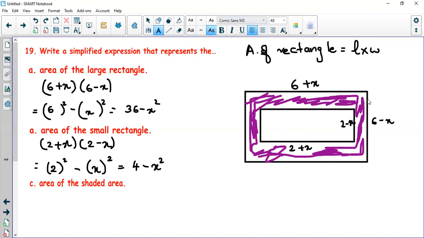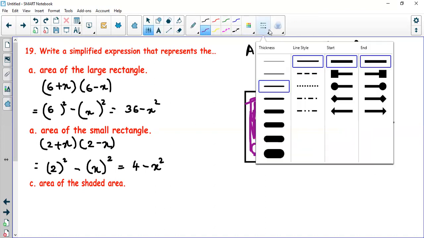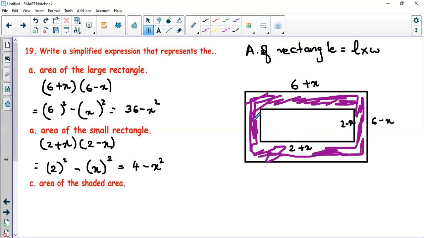Now, the area of the larger rectangle was 36 minus x squared, and the area of the smaller rectangle was 4 minus x squared. So what do you do to find the area of the shaded part? You simply subtract them. So 36 minus x squared, then you subtract 4 minus x squared from that.